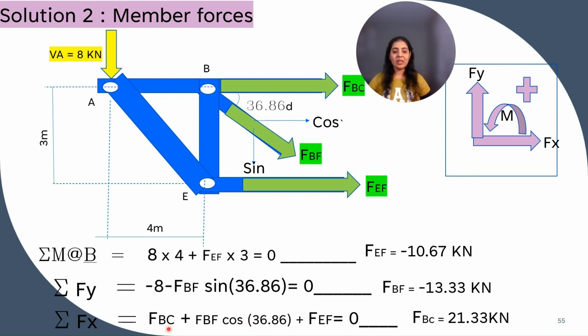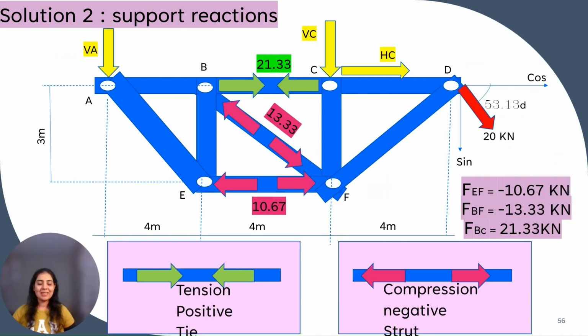So after solving this, we get FBC is equal to 21.33 kilonewton. So we got the answers like this.